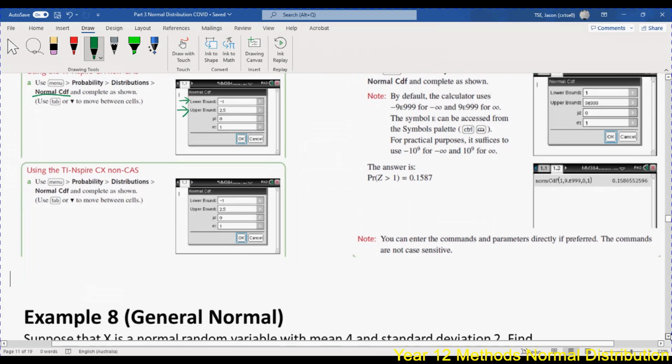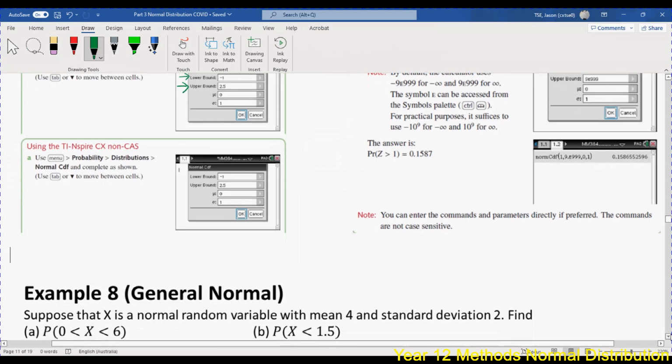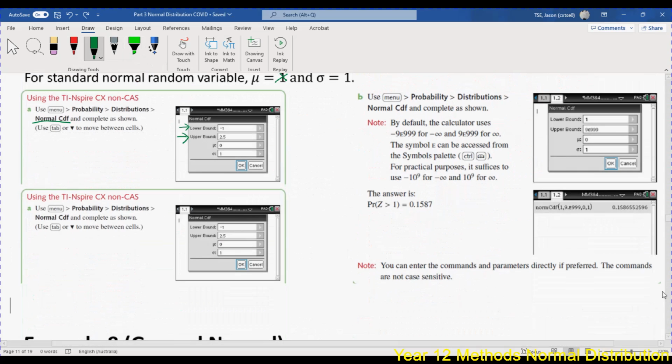You can just say probability, minus 1, okay, right, then you will get it.